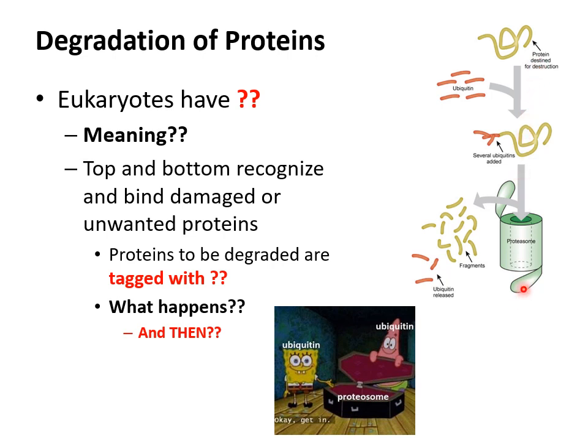And proteins that are degraded, they're going to be tagged with what's called ubiquitin. It's a short little sequence of amino acids. And so when you have the ubiquitin on the protein, those are partially what's helping the top and bottom to recognize and bind the proteins that need to be degraded.